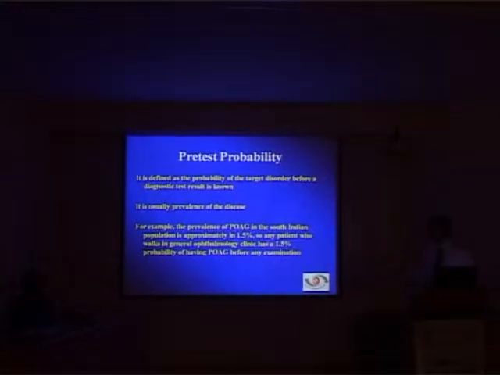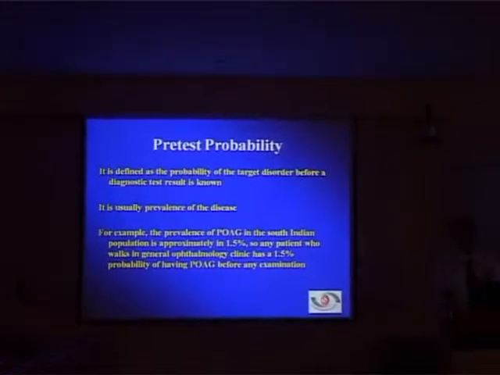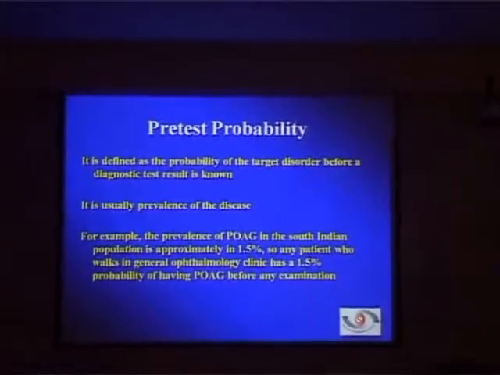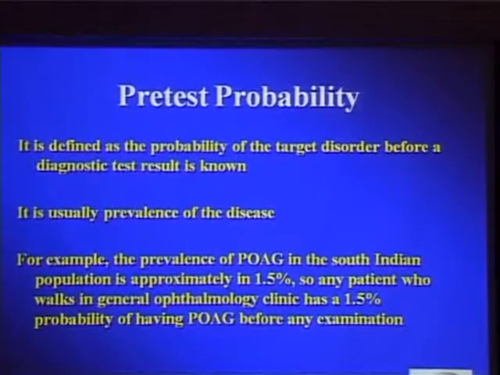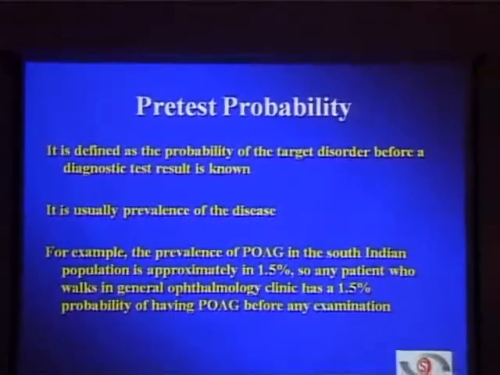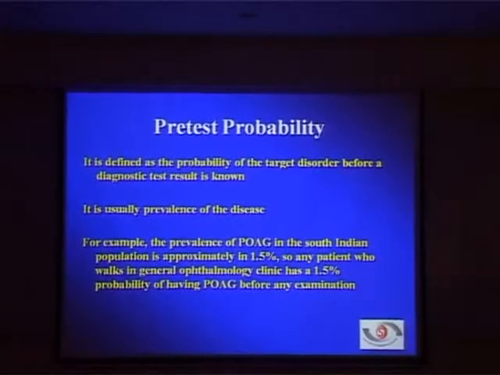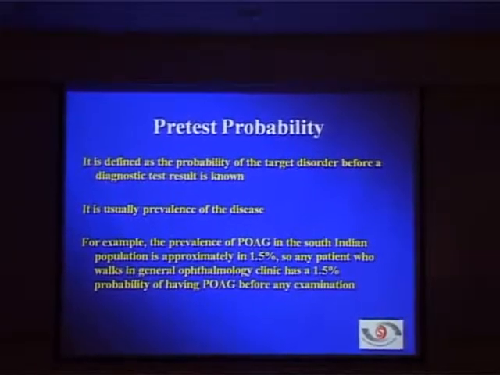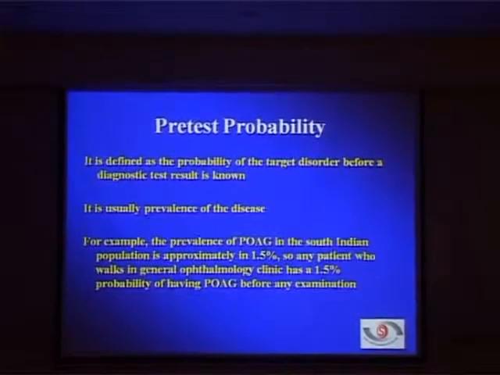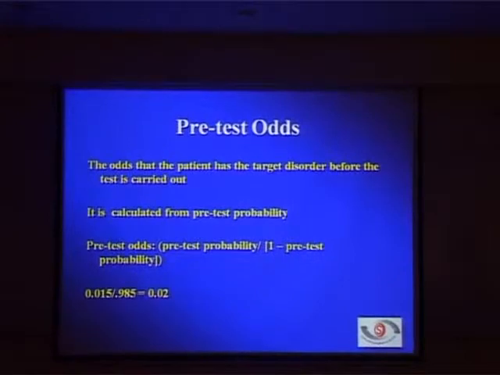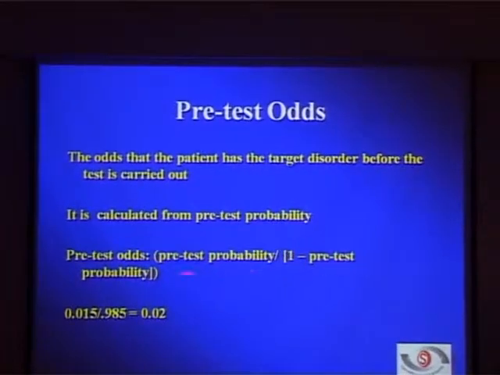The pre-test probability is nothing but the prevalence of the disease. If a 45-year-old patient comes to you, what are the chances the patient has glaucoma? That is the prevalence of glaucoma in that particular population. Let's put it at 2% in the Indian population. Then without even seeing that patient, you know there is a 2% chance the patient has glaucoma. This is your pre-test probability. From it you calculate the pre-test odds: pre-test probability divided by 1 minus pre-test probability.